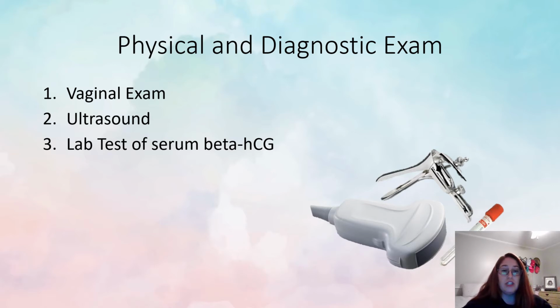And then we would want to do serum lab testing, which is a blood test for beta-HCG. It's normal to have beta-HCG within your system if you're pregnant, but in molar pregnancy, it's a lot higher. It's greater than 40,000 milliunits per milliliter.